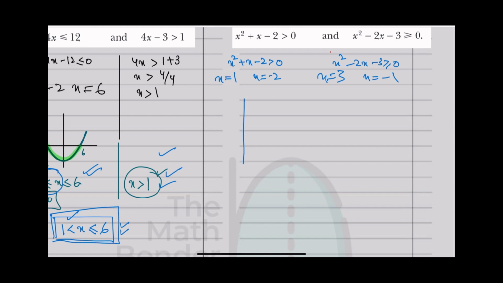So sketching both of them, if I sketch this, this will be a smiley face with the roots at -2 and 1, and this with the roots -1 and 3.